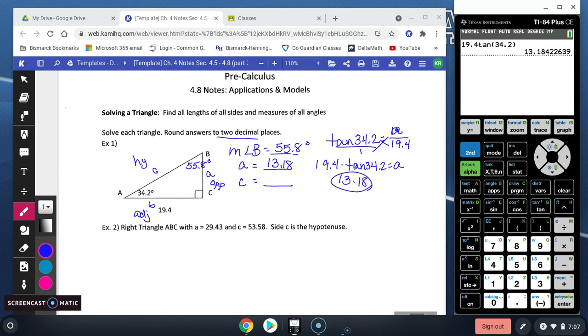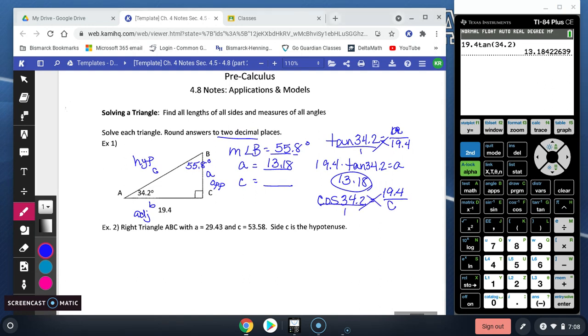Well, side c is the hypotenuse. I think I'm just going to stick with angle A. If you want to use angle B, you certainly can go from angle B's perspective. I just picked A. So with angle A, if I want to know the hypotenuse, and I do know the adjacent side, that's going to be cosine. So cosine of 34.2 is adjacent 19.4 divided by hypotenuse c.